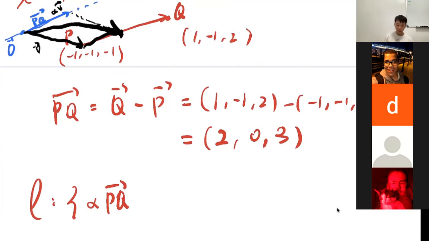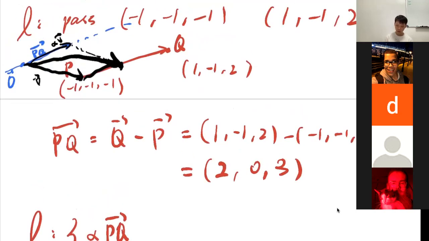And we can do this for any span of alpha PQ as you want. For any alpha PQ, you get another parallelogram, and it maps you to another point on the diagonal, which is still on the line PQ.